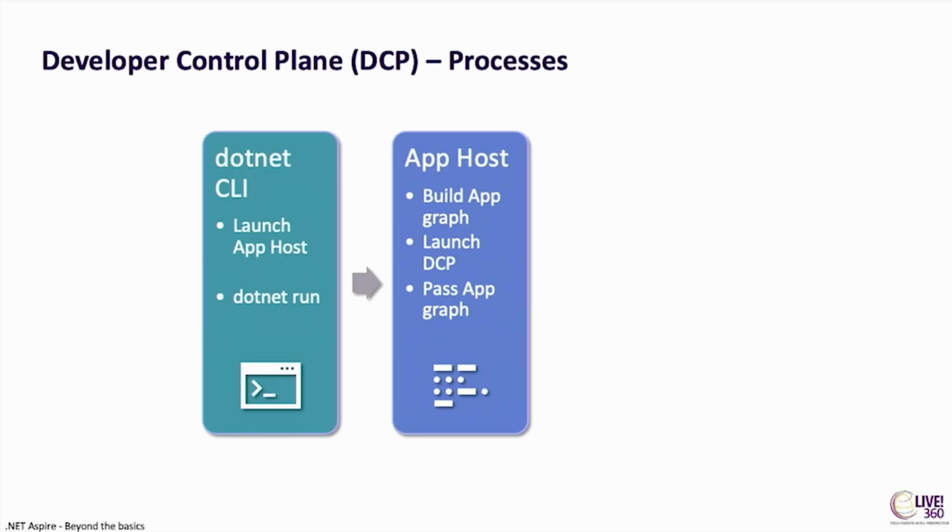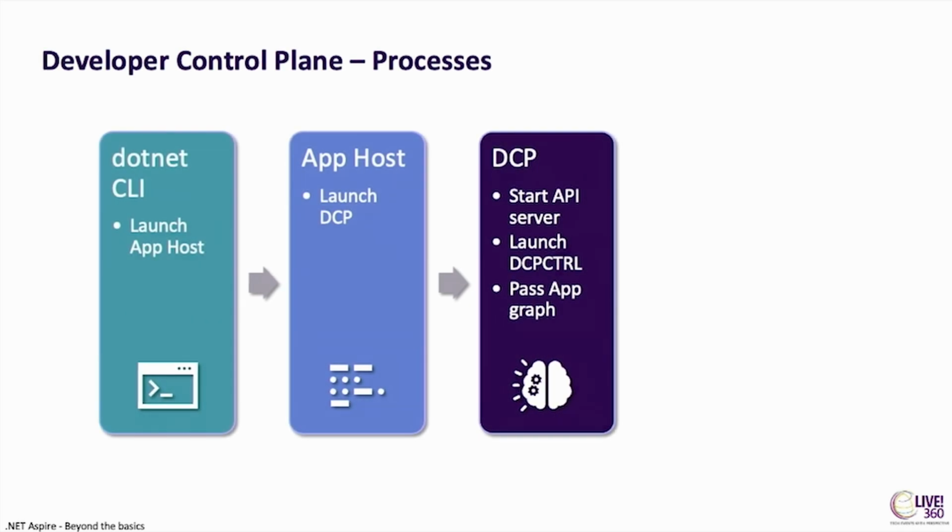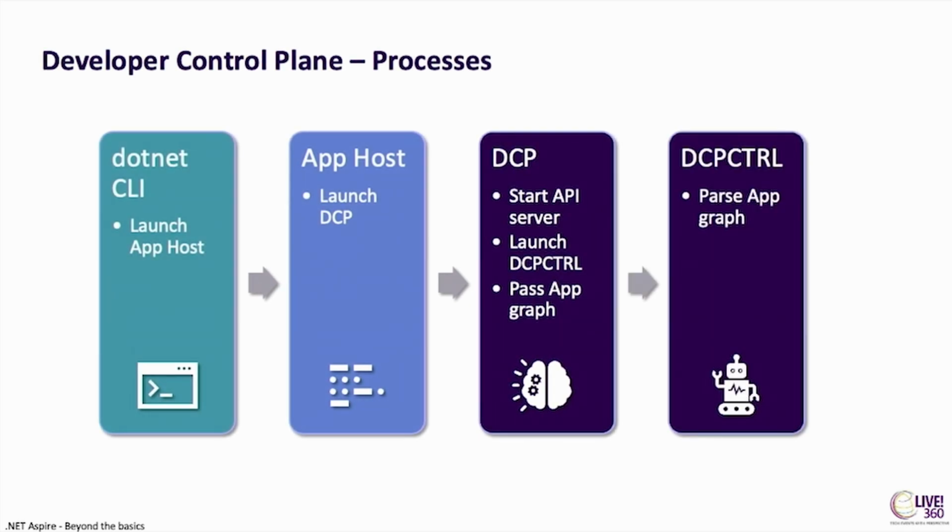So that's the app host executable, launched by .NET. And the first thing it does is launch the DCP executable. And it launches it in a detached state. So whenever the app host dies, it doesn't necessarily mean that the DCP dies, because it's no longer a child process.